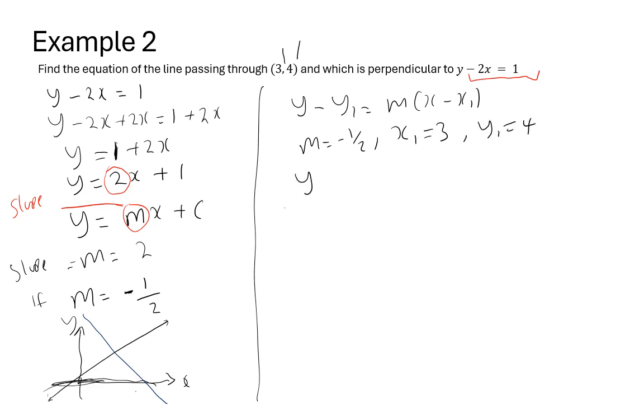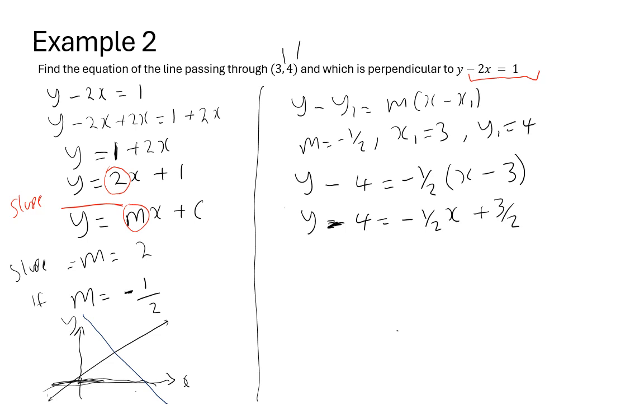Then we'll have y minus our y1, which is 4, is equal to m, which is minus 1 over 2, times x minus x1, which is 3. Then we just simplify: y minus 4 equal to, if you multiply these two, it will be minus 1 over 2 x. This and this, since both are negative, it will be plus 3 over 2.